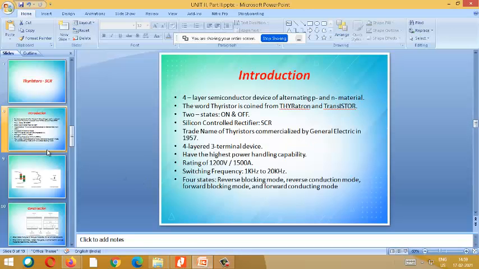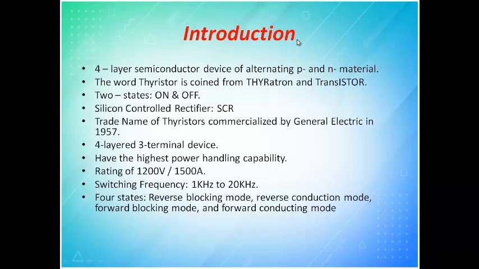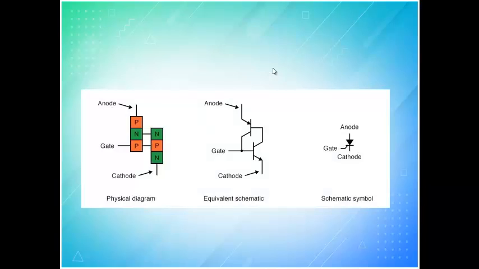So what I have told is that SCR is a 4-layer device. You use it only for turn on and turn off, and it was developed in 1957. There are 3 terminals. The rating of SCR is a little higher compared to a transistor, and it operates in the range of 1 kilohertz to 20 kilohertz.